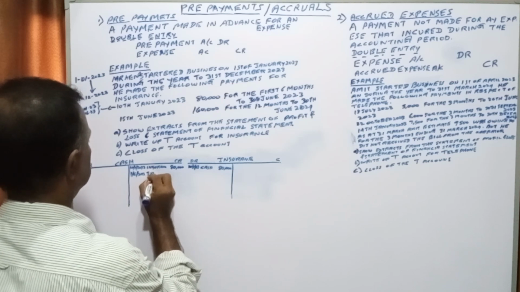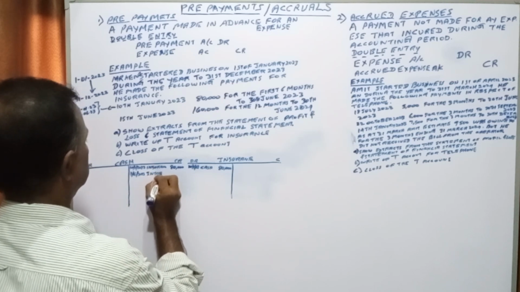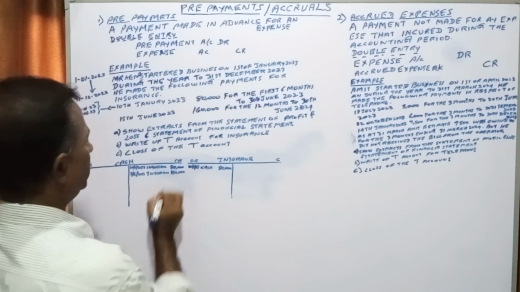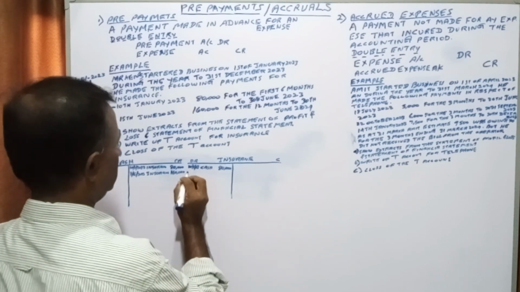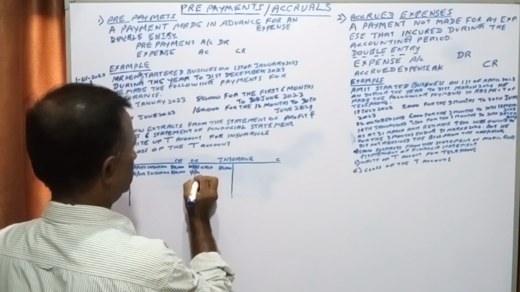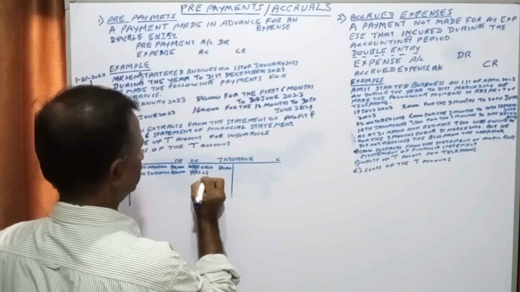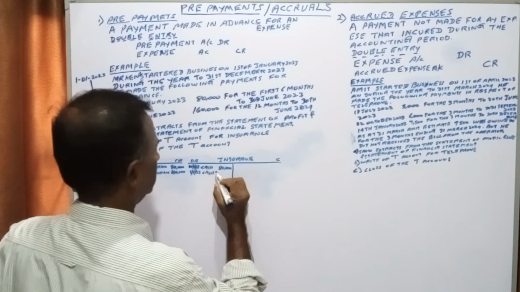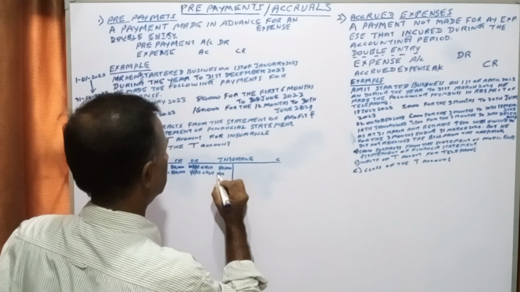Insurance 160,000 was paid, and here we'll say 1st June 23, cash 160,000.